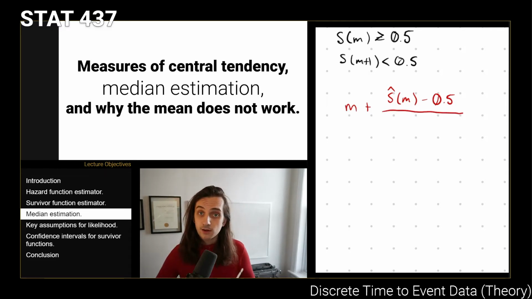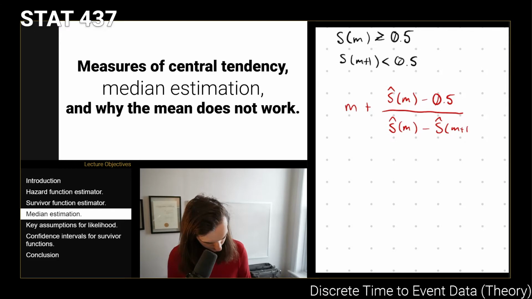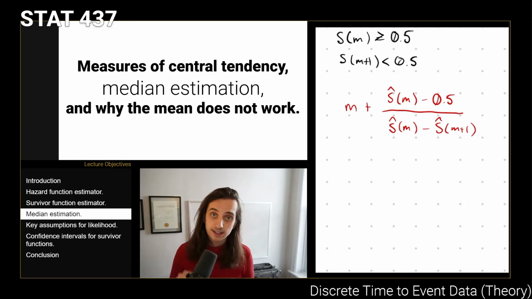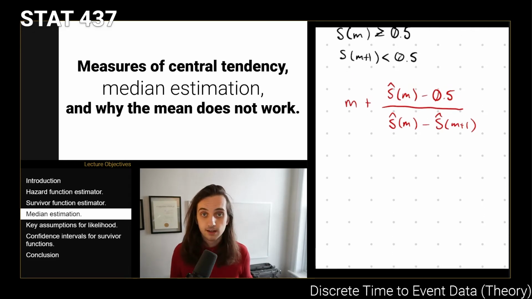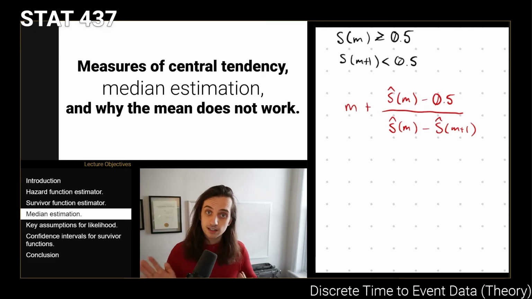Then we take that as a portion of how much the actual value changes between m and m plus 1. If you think about connecting S of m and S of m plus 1 with a straight line, the survival portions connected linearly, then this gives you the proportion of the amount of time that exists between those two.